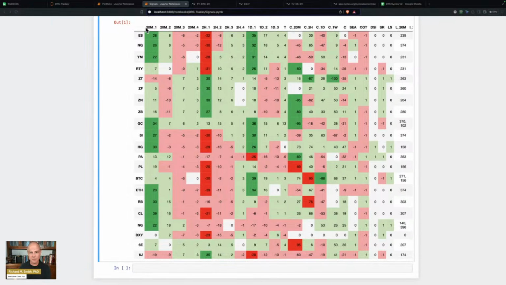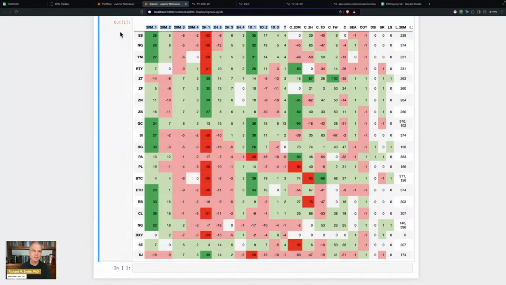Okay, so the way this works is these row headers here, this first section all the way out to here, these are my trend indicators. So I've got 20-minute trends, 2-hour trends, daily trends, and I'm looking at them all cumulatively together.